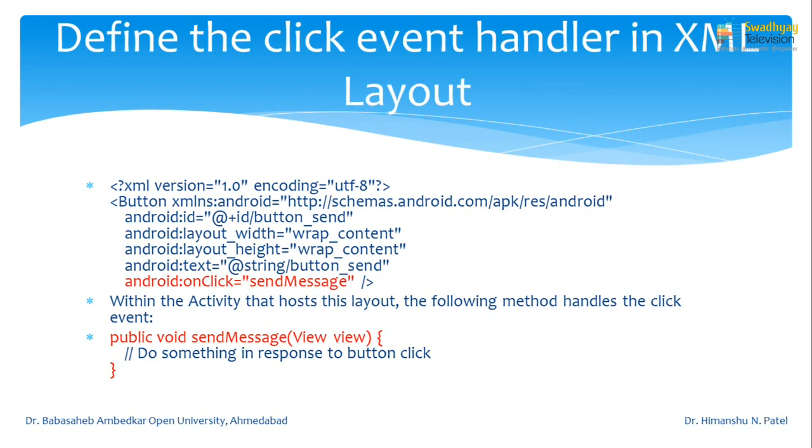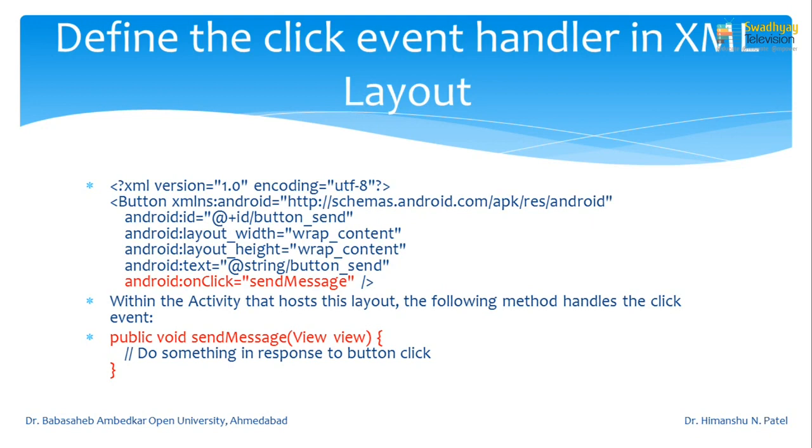You must define this sendMessage method inside your activity file, which is the Java file associated with this user interface, and inside this public void sendMessage, which takes one argument called a View object, you can write code to handle the button click event.